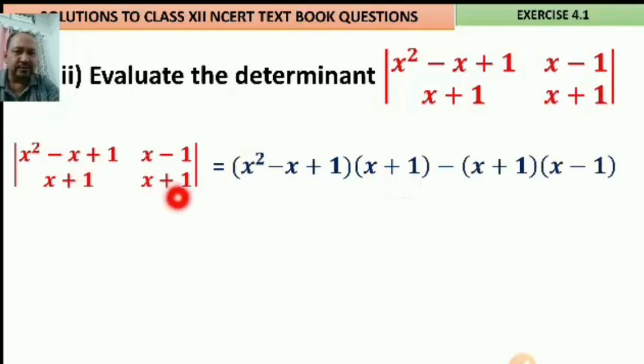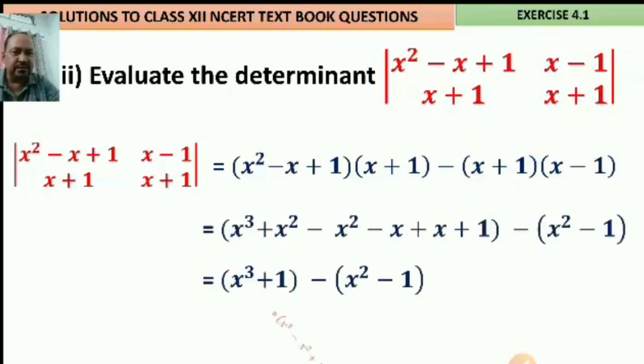You multiply these terms and you get this expression, and minus the cross multiplication of the other terms gives this expression. So the value of the determinant is x cube minus x square plus 2.